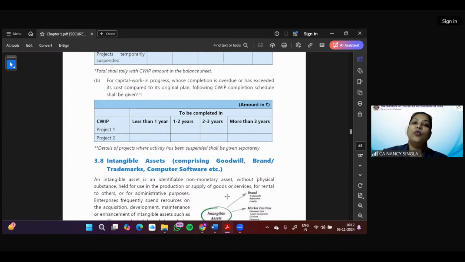So it has become overdue. Or let's say the cost that was budgeted for a PPE construction was 1 CR, and now it has crossed the limit of 1 CR, and the expenditure that has already been incurred is 1.5 CR. In respect of those CWIP, what is the requirement?